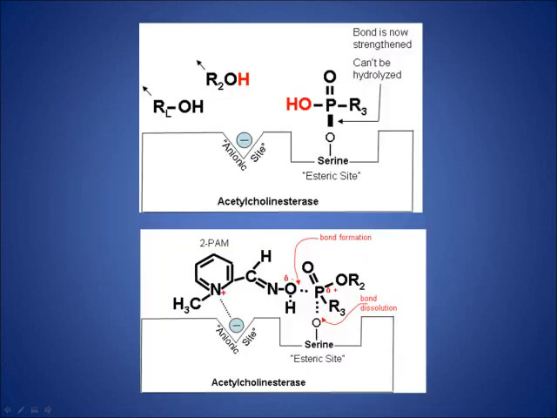Shown in the top panel is a diagram representing the interaction of an organophosphate compound with the active site of acetylcholine esterase. The phosphate group is a stronger electrophile than the carboxyl group in acetylcholine. Hence, the organophosphate forms a much stronger bond with the enzyme that is not effectively reversed by hydrolysis during the final regeneration step of the catalytic cycle.